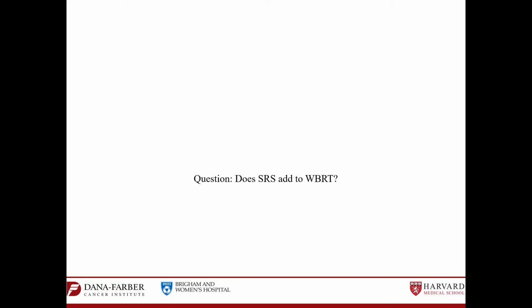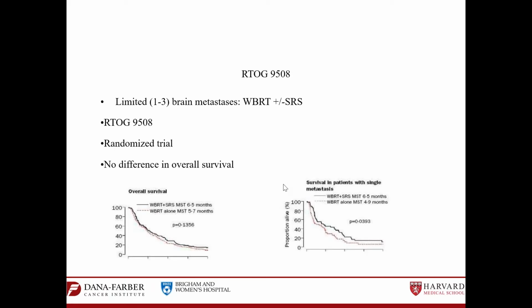Now, let's see what SRS adds to whole brain. The first trial that discussed this question is the RTOG 9508 study. This study enrolled patients with 1 to 3 brain metastases, and they divided the patients into whole brain radiation only versus whole brain plus SRS after that.